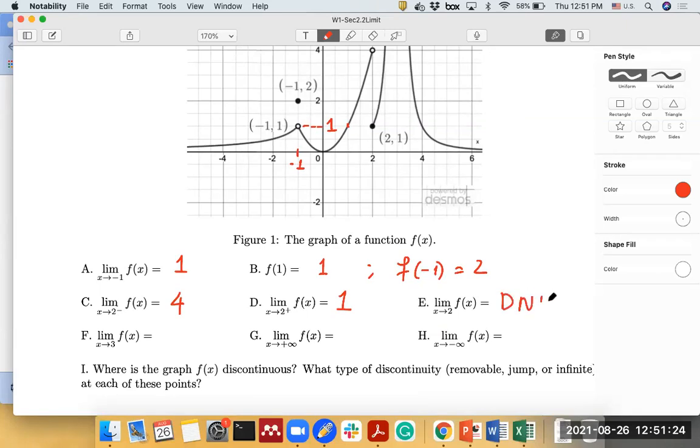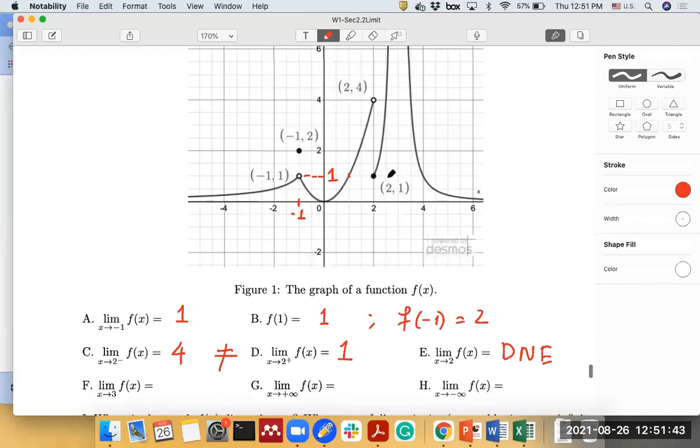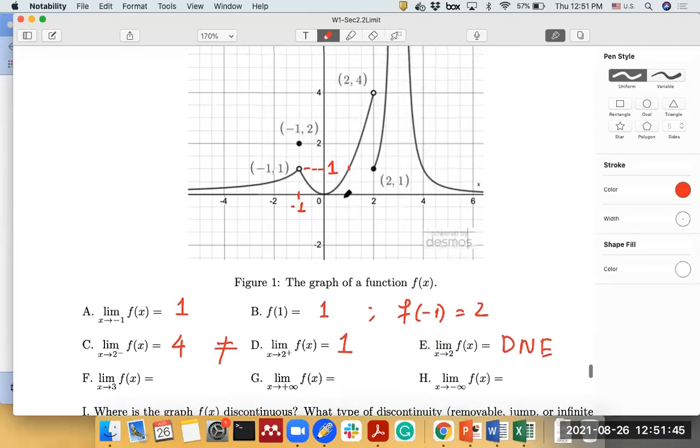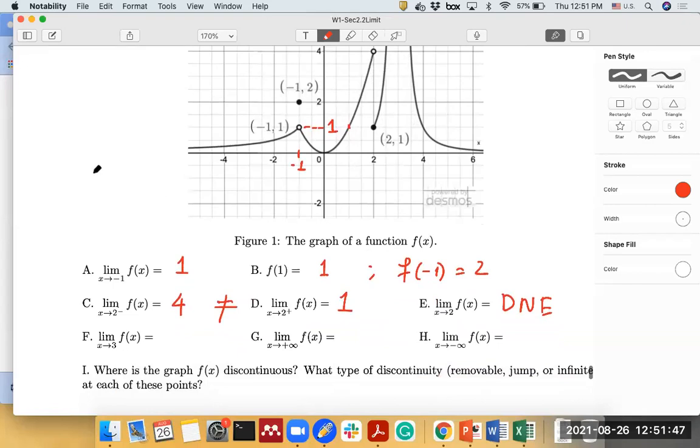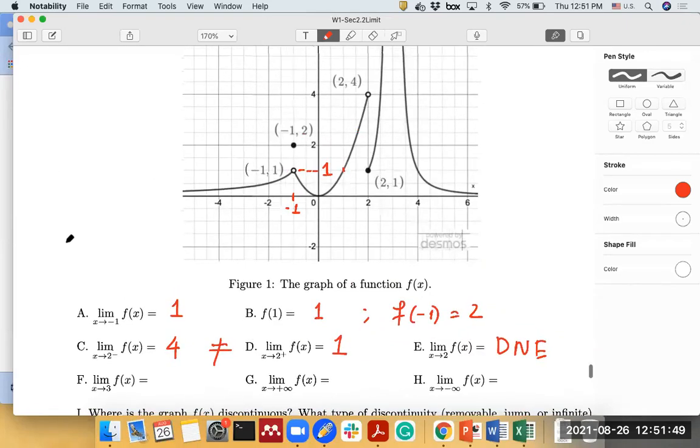Does not exist. Why? Good. Because the left-hand limit and the right-hand limit are different. So the limit does not exist at this point. Good job. Okay. What is f at 2? According to this, it is 1. Very good.